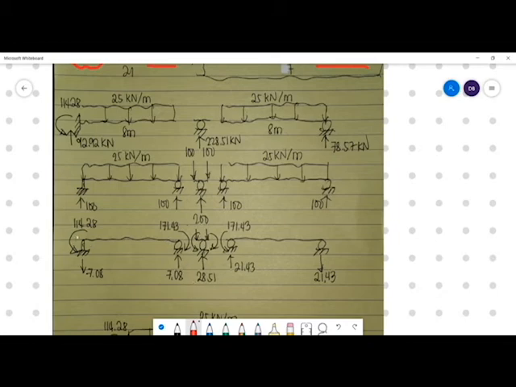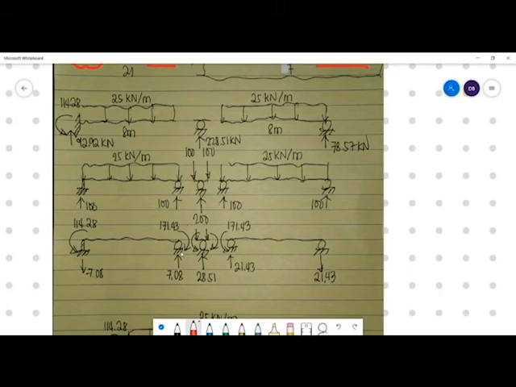So what we do: we have a 114.28 moment here that is counterclockwise, and 171.43 that is clockwise. When you combine the two moments, we have 171.43 minus 114.28, which gives 57.15 with clockwise prevailing.